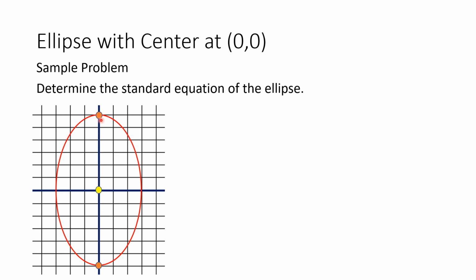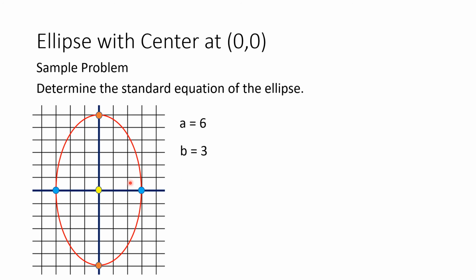That means our a is equal to 6. And the 2 points of intersection of our minor axis and the ellipse, the distance from the center up to one of these 2 points is 3 units. That means our b will be equal to 3.